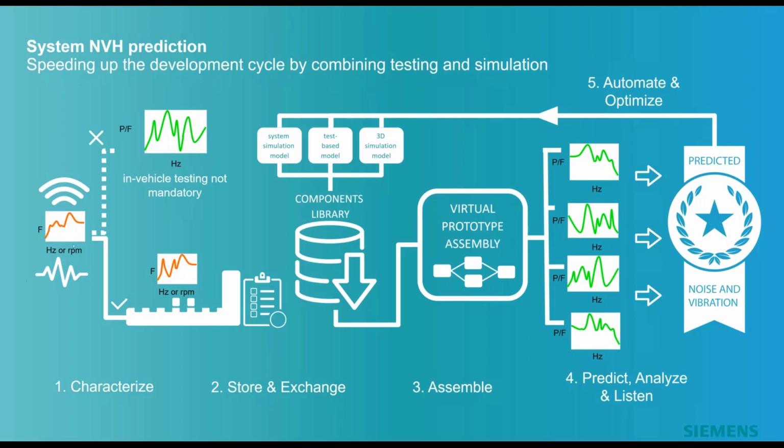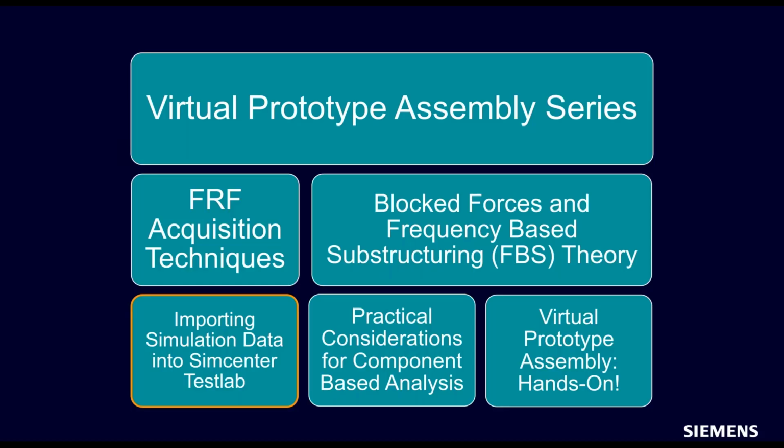Maybe we have to derive our forces using matrix inversion, so we'll have a lot of FRFs, or maybe with regard to our receivers, a prototype that hasn't been built yet. We just have a CAE model, and being able to generate FRFs and work with those and apply forces is very important to the whole VPA process. That's what Raj is going to help us appreciate today: how easy it is to import simulation data and work with it within Test Lab for this VPA module.